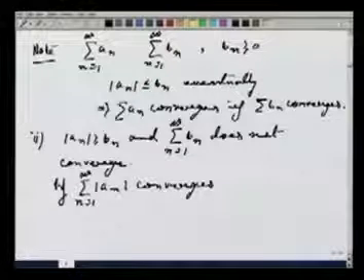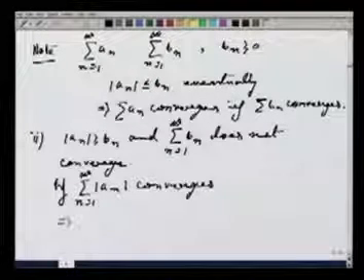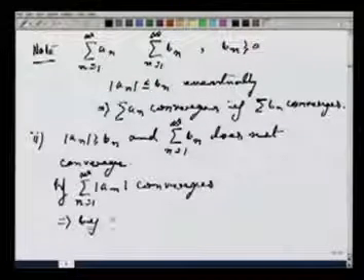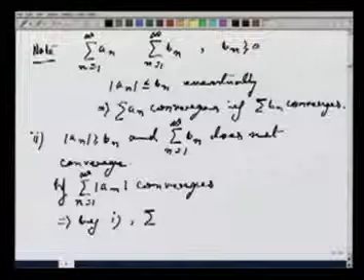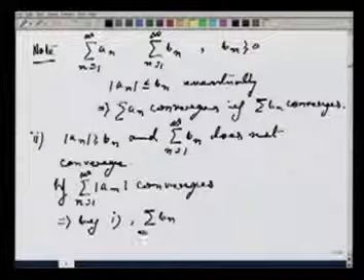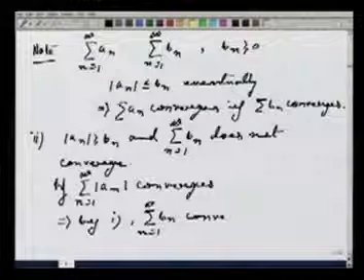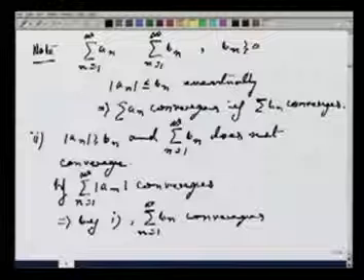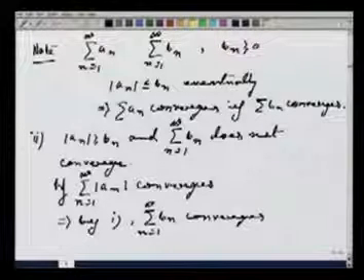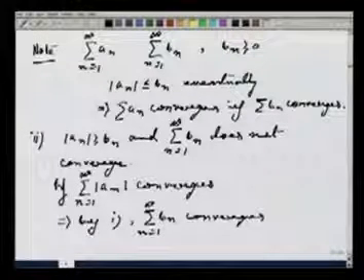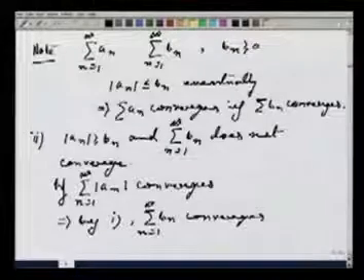That would imply then by 1 that summation bn, n from 1 to infinity, converges. I am applying 1. But I have already assumed that summation n from 1 to infinity bn does not converge. That is the given fact.